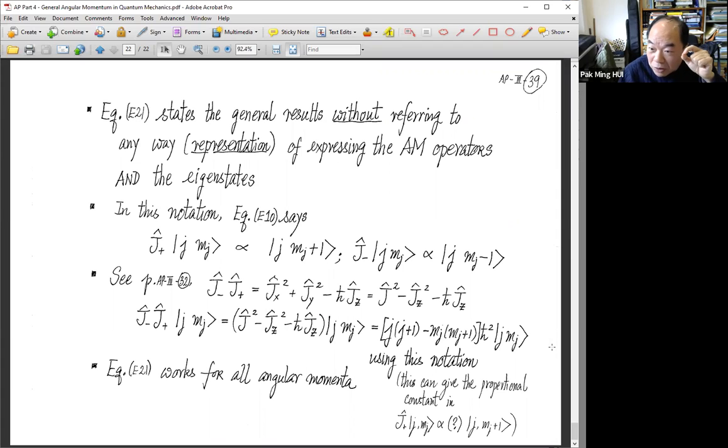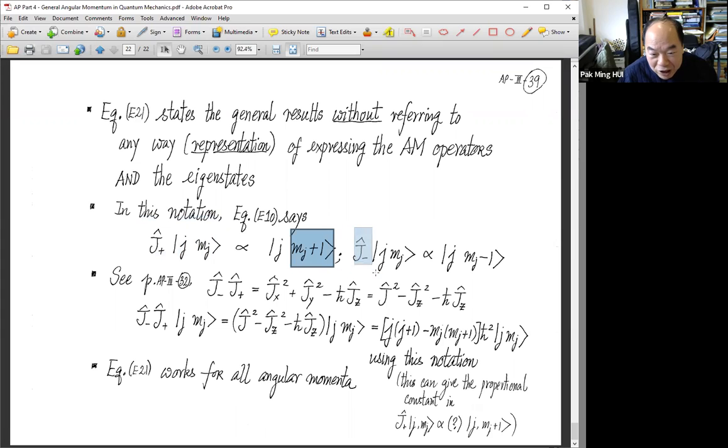But we are very close, maybe one or two steps, and then we can go there. I just want to write down several, actually one formula. So we have worked out that if we operate J plus on this state, it will increase this by 1.